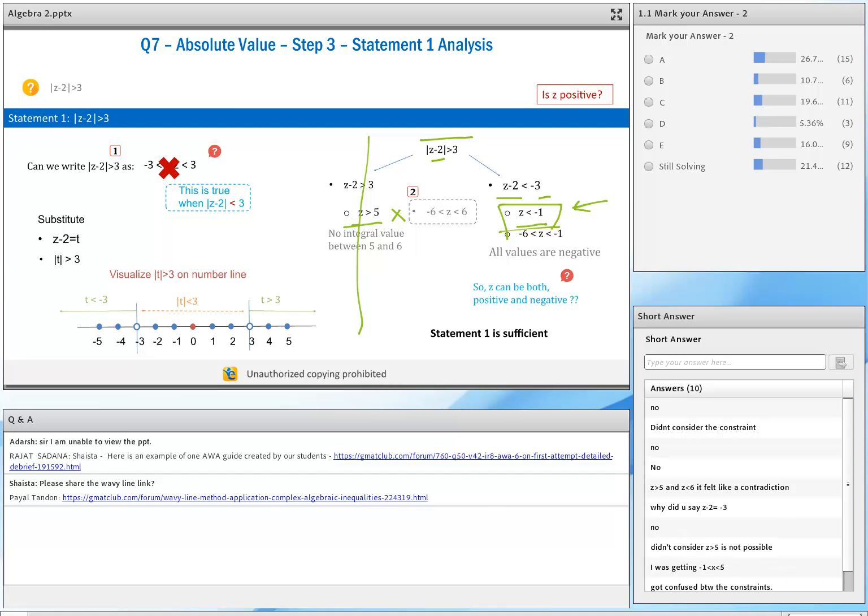But the minute you don't keep those things in mind, the minute you don't write down things properly, you are going to falter. Why did I say that z minus 2 is less than minus 3? I didn't say z minus 2 is equal to minus 3. So again, that's the condition that you get from opening up this absolute value inequality.